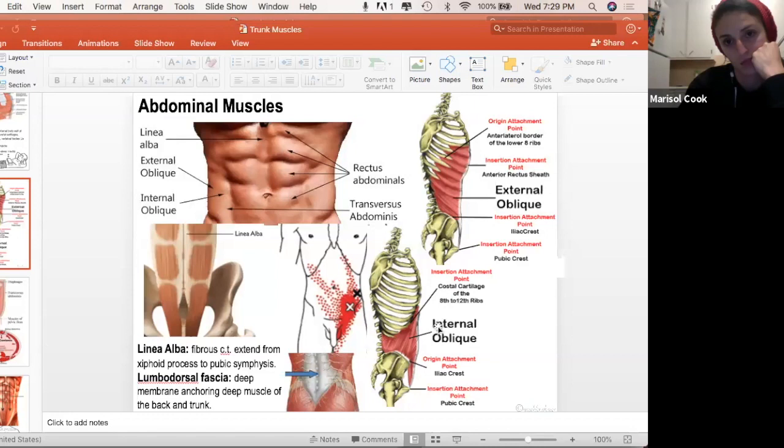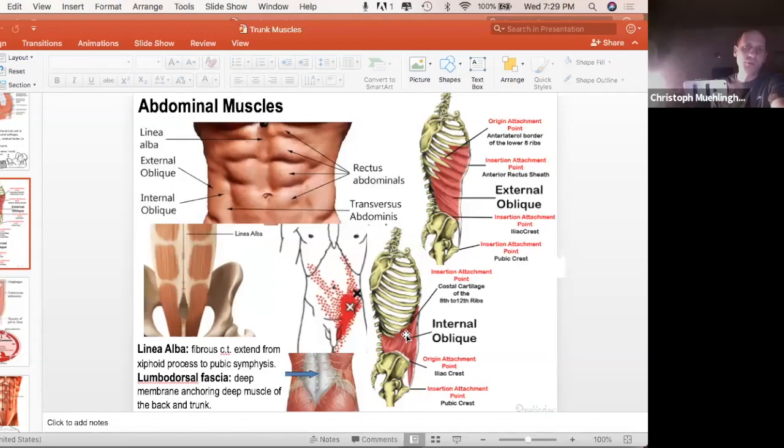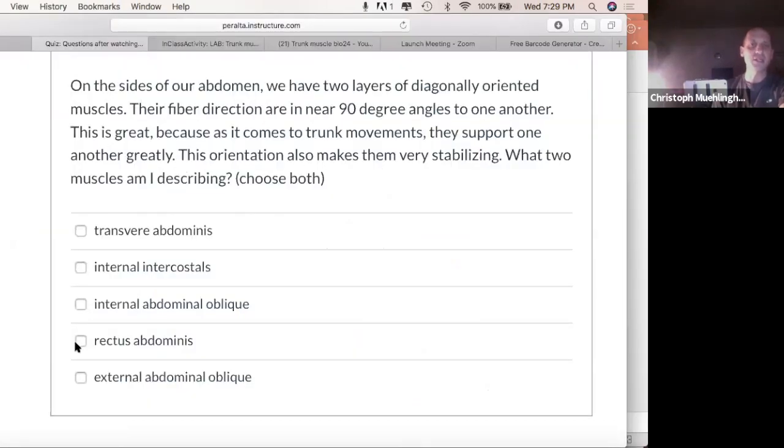And the other one is on the inside, and it goes the opposite way in the fibers. That crisscross direction makes it really strong, because you're compressing the stomach in a crisscross pattern. So that's what I'm trying to describe. Does that make a little more sense?